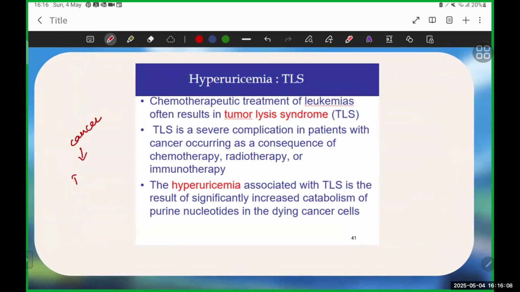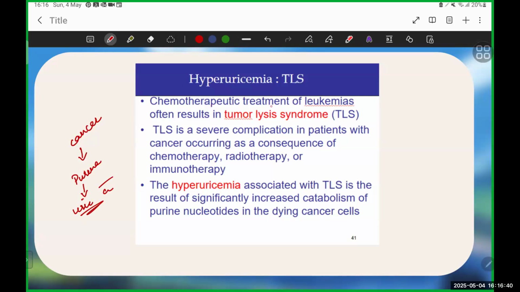A lot of purines are going to be released because your cancer cells also had DNA, so your cancer cells also had nucleotides and bases. So a lot of purines are going to be released from there. This is going to go to uric acid, and this is also going to cause hyperuricemia. Again, you have hyperuricemia, or high uric acid. Again, this can lead to gout.